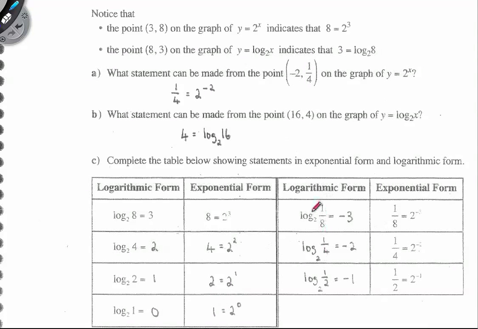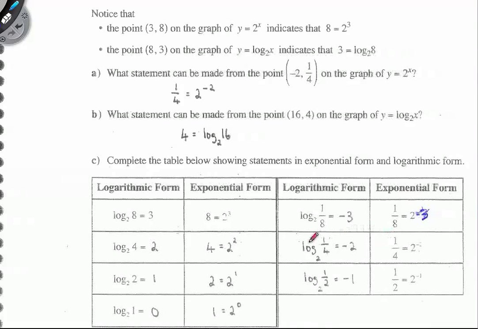Carrying on here, if we use log of 1/8 base 2 equals -3, we can write that as 1/8 equals 2 to the negative 3.